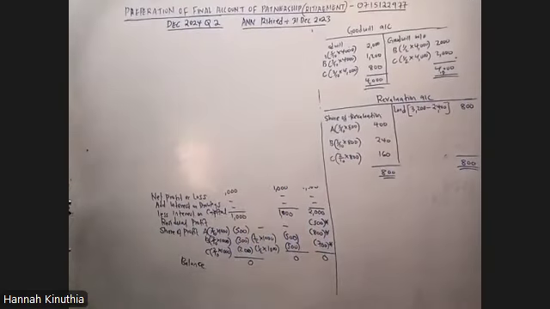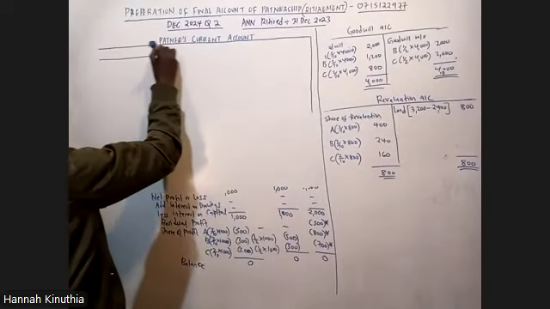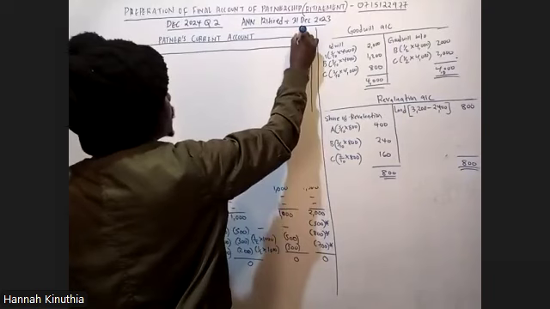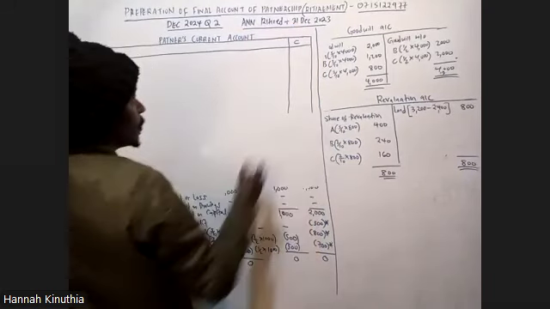So we start with the partners' current account. The partners were three. We start with C, then B, and A. I think that is enough.